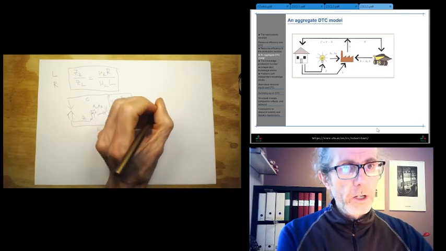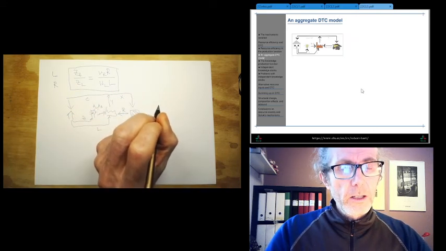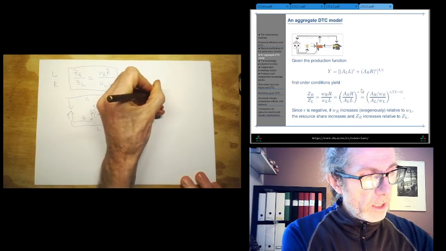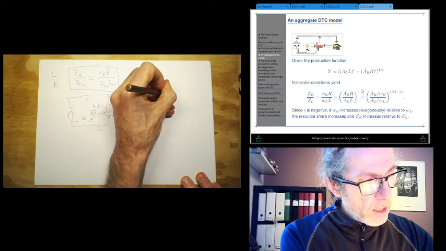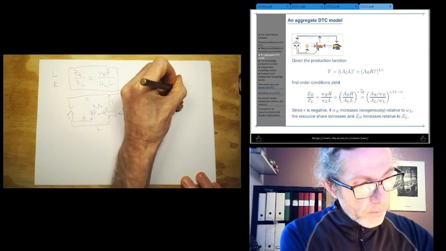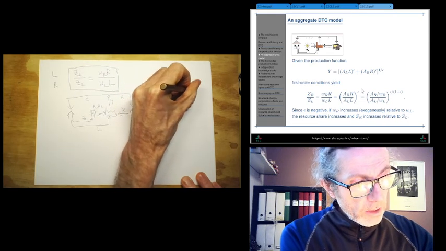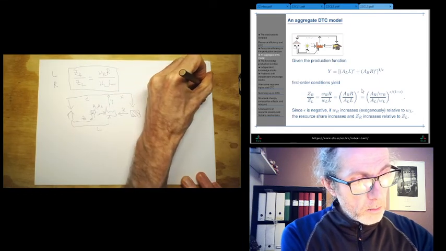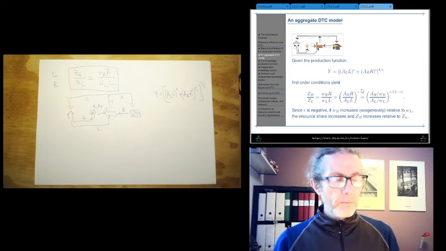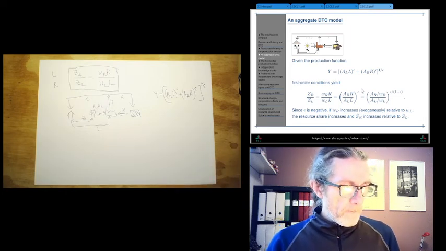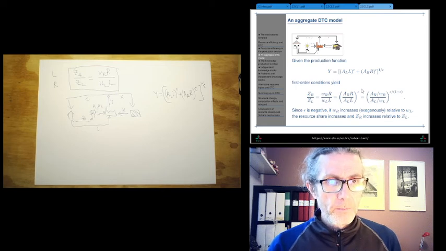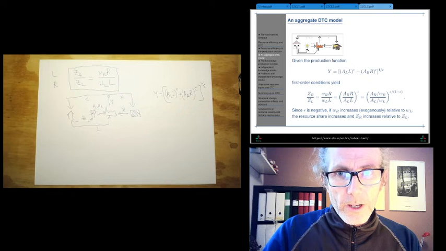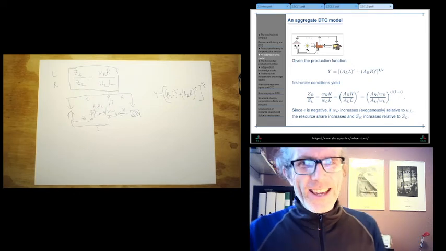And remember the production function, let's see if we've got this on the slide. No, we don't. The production function is this: CES, (A_L L)^ε plus (A_R R)^ε, all to the 1 over ε.